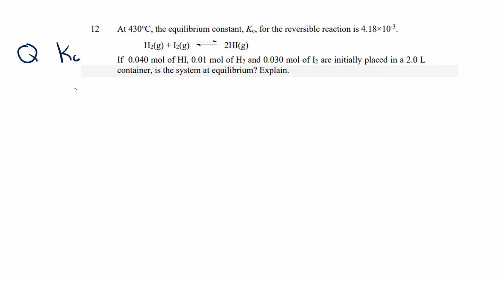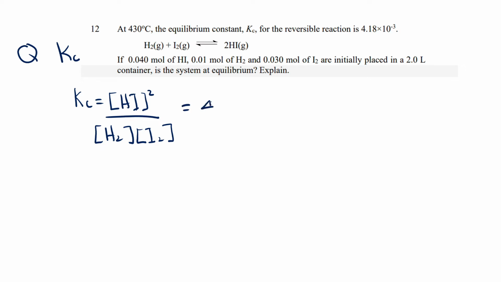So we look at the Kc. The expression for Kc is given by Kc is equal to concentration of HI square over concentration of H2 times concentration of iodine. So this is Kc, given 4.18 exponential negative 3. Jadi ini adalah nilai at equilibrium. Jadi sekarang kita perlu calculate the concentration of HI, hydrogen and iodine.